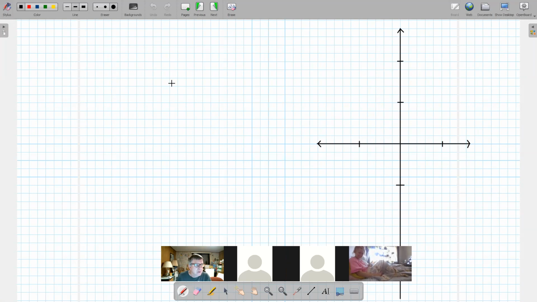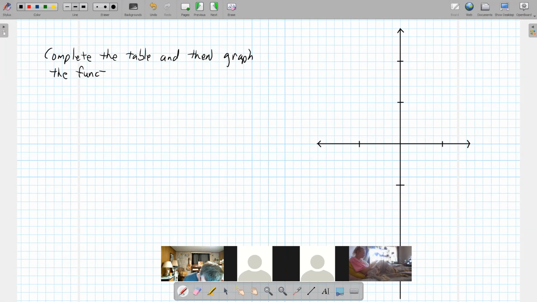Okay. So now we have the following problem. It says complete the table and then graph the function.